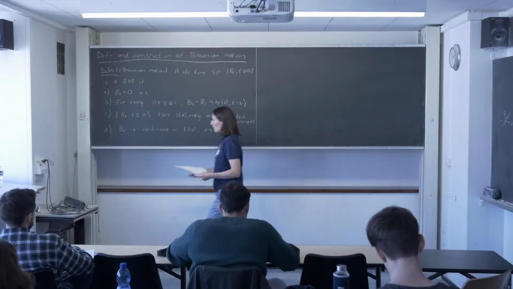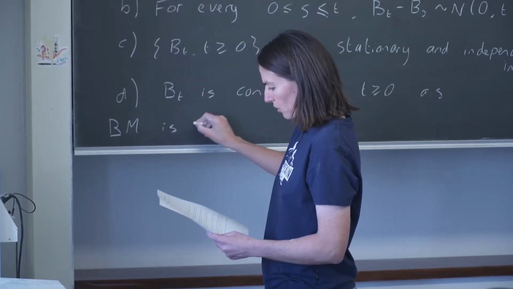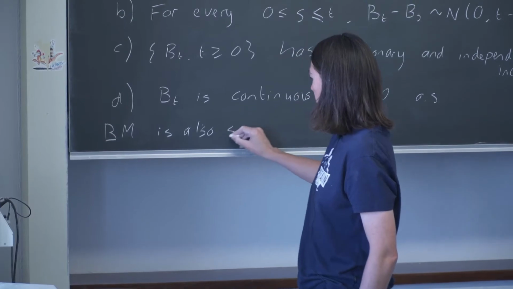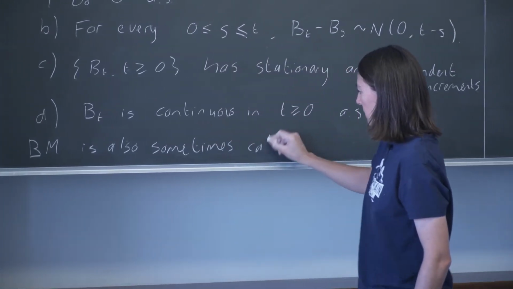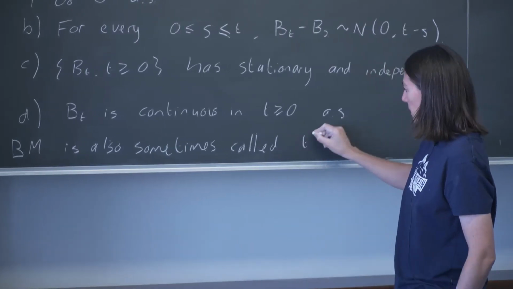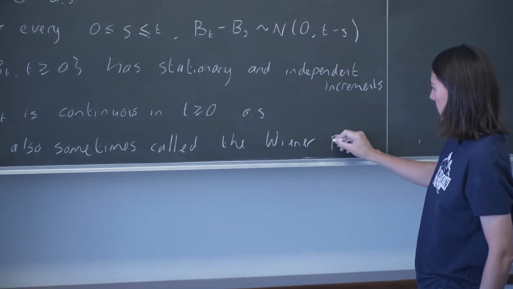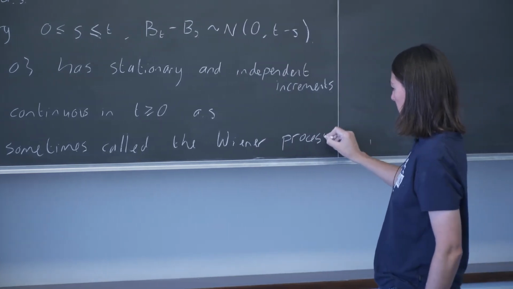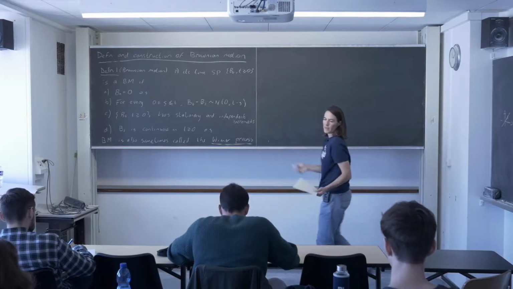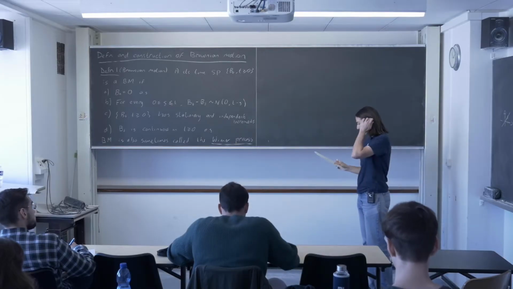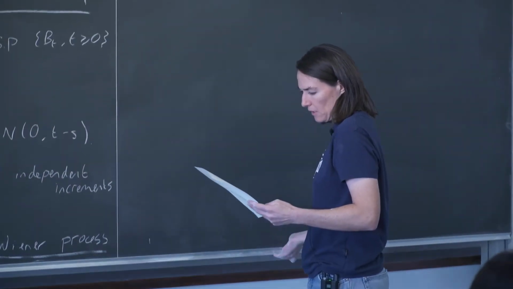Okay, and I think I mentioned in the introduction that Brownian motion is also sometimes called the Wiener process. People sometimes use the letter W for Brownian motions instead of B for that reason. Okay, just a few remarks about this definition.